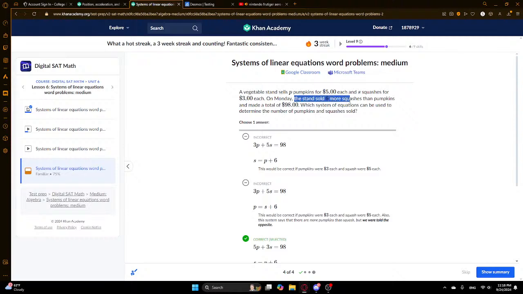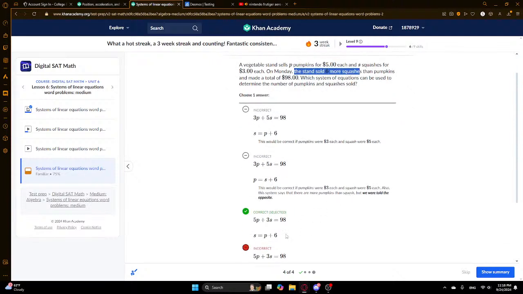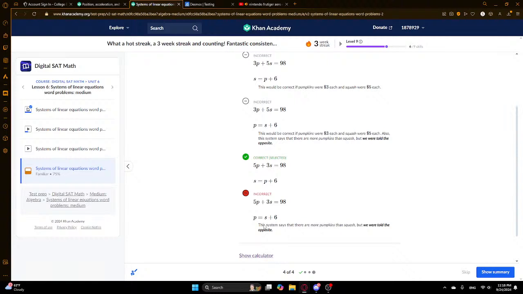Sand stole 6 more squashes than pumpkins. More pumpkins than squash. No, it does not. How?